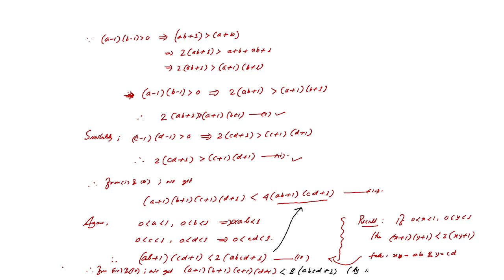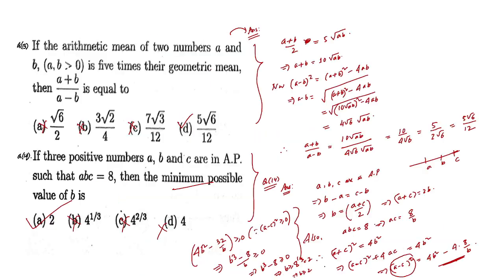This is basically by 4. So here we proved that (A+1)(B+1)(C+1)(D+1) is less than 8(ABCD+1). So this is proved.